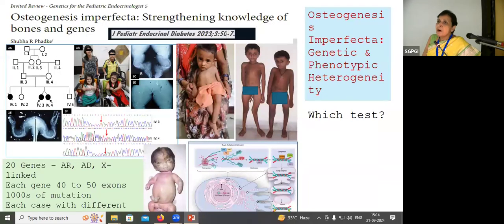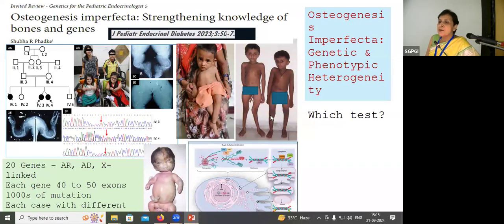But now osteogenesis imperfecta, as I said, ranges from adults without any fractures to lethal fetuses who die in utero, severe, so the clinical heterogeneity for osteogenesis imperfecta is vast. And so also the genes: at least 20 genes are known, and each one may have 50 exons.